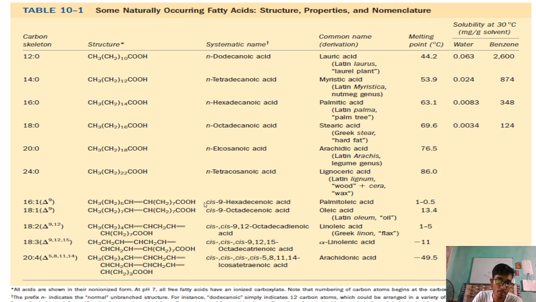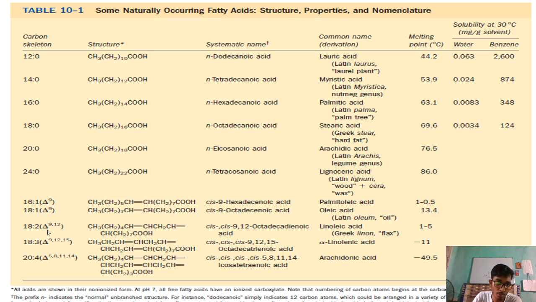So write the configuration: as the configuration is cis, write cis, and the double bond position is 9, so 9, hyphen hexadec, as 16 carbons are present, and enoic. Here is the change: the suffix is enoic, whereas in saturated acids the suffix is anoic. So cis-9-hexadecenoic acid.